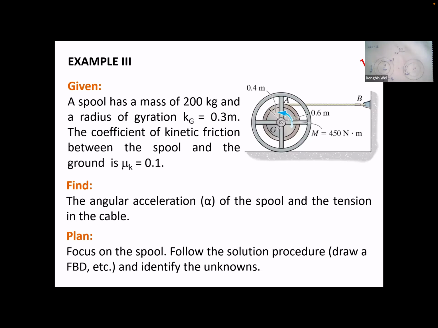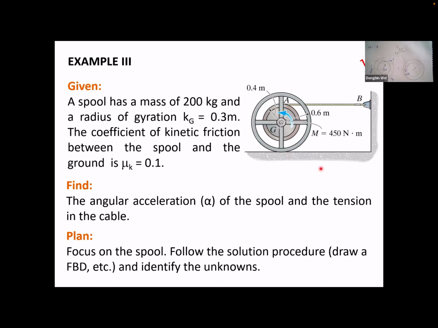My question here is, what should be the location of the IC point for this spool when it's undergoing general plane motion? Should the IC point be at the contact point between this spool and the ground? How do you think?